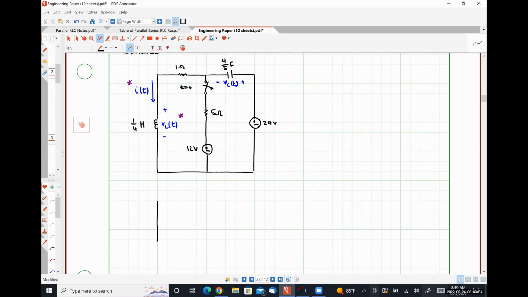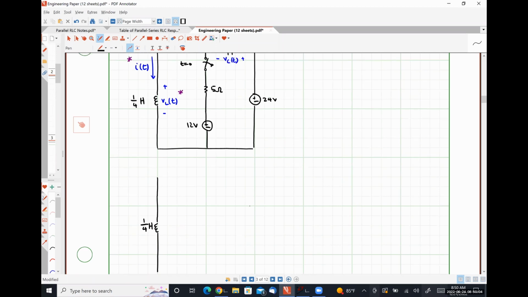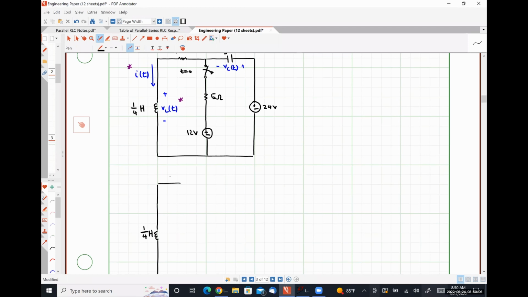As a dead network during the transient condition, we are going to have our inductor, which is 1/4 of a Henry. We have our resistor, 1 ohm. Our switch is going to look like an open circuit because we're during the transient condition.